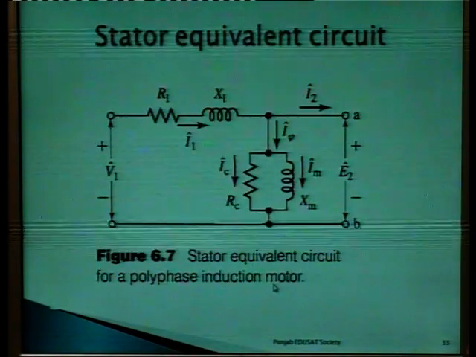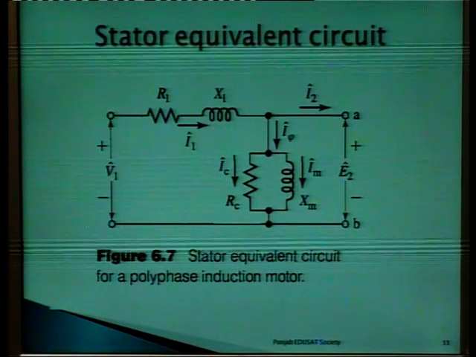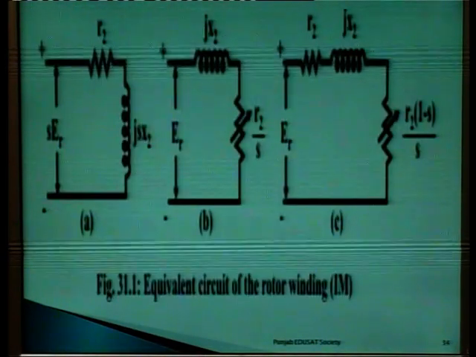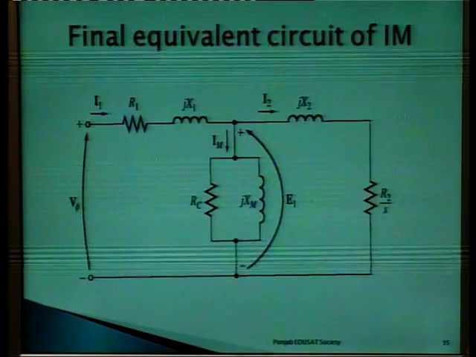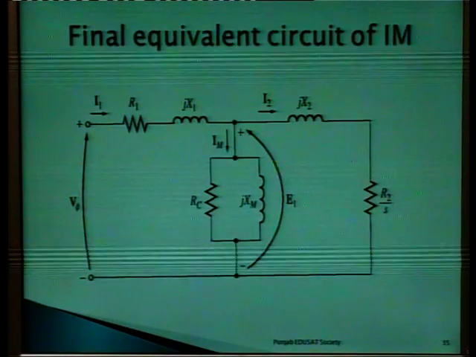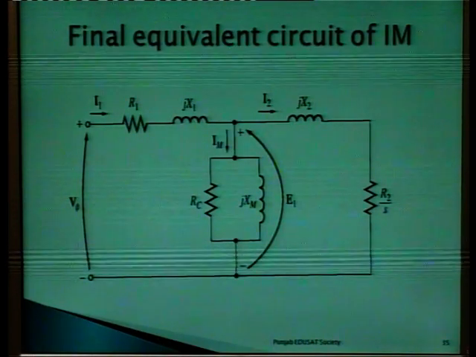In the previous slide, we have shown the equivalent circuit of the stator winding of the induction motor. So, we can combine both of the equivalent circuits and obtain the final equivalent circuit of an induction motor, as shown in this figure.